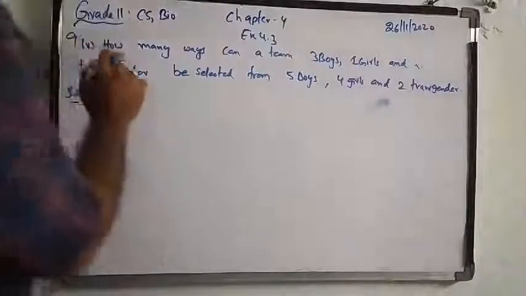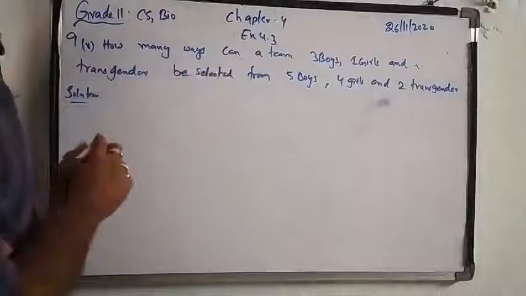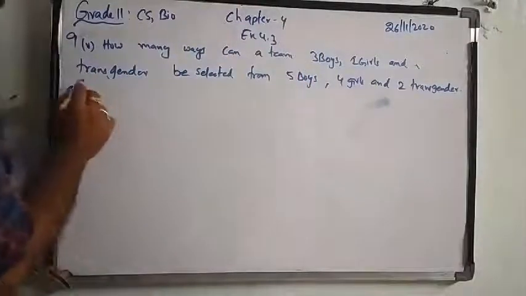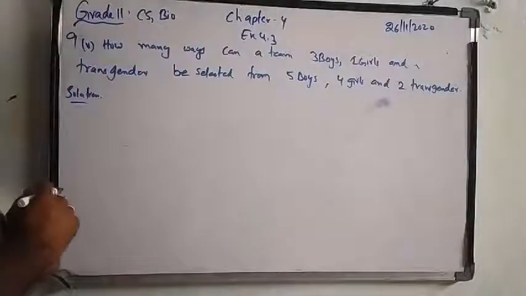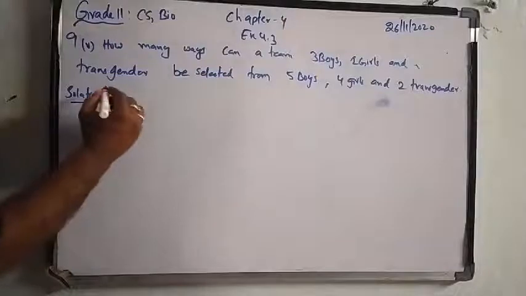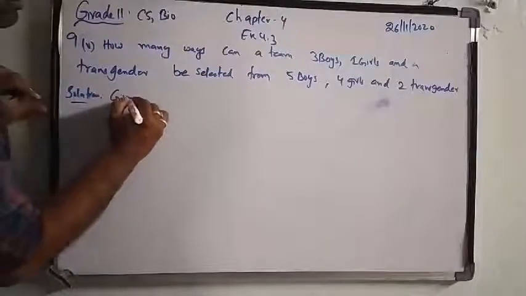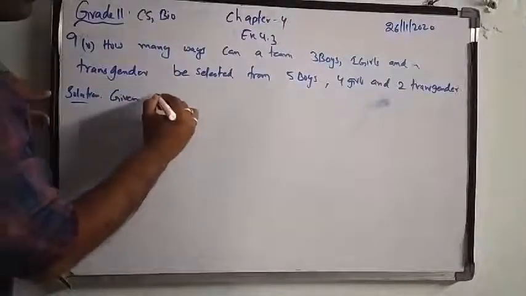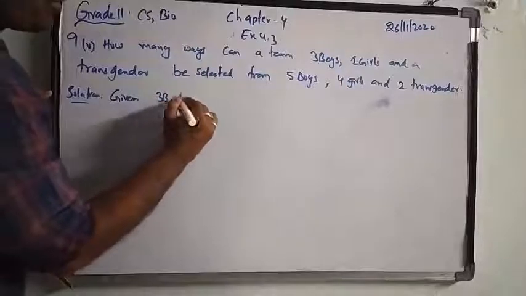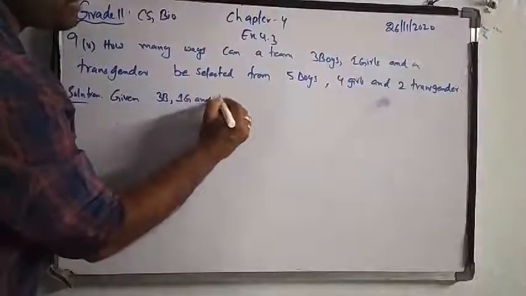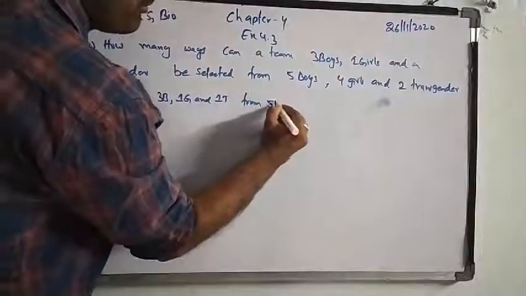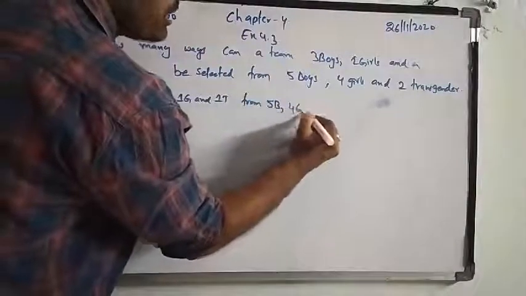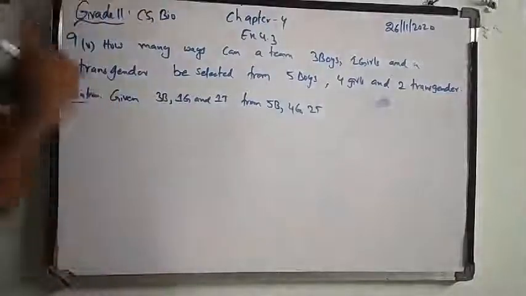Okay. Next, how many ways can a team of 3 boys, 1 girl, and 1 transgender be selected from 5 boys, 4 girls, and 2 transgenders? So given 3 boys, 1 girl, and 1 transgender from 5 boys, 4 girls, and 2 transgenders, we need to select.